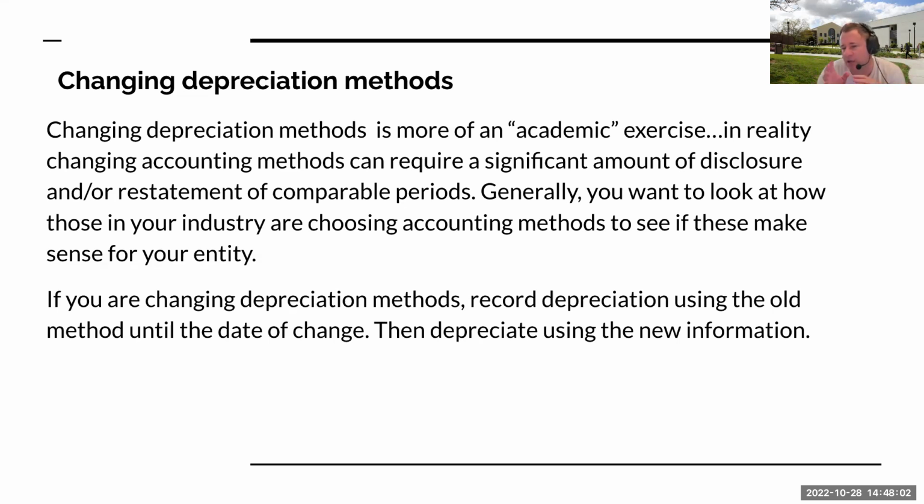So again, if we change methods, or if you're changing estimates, you use the old method up to the date of change, then you use the new information. But you're generally not going to do this unless it's something really serious because the disclosure requirements are incredible.